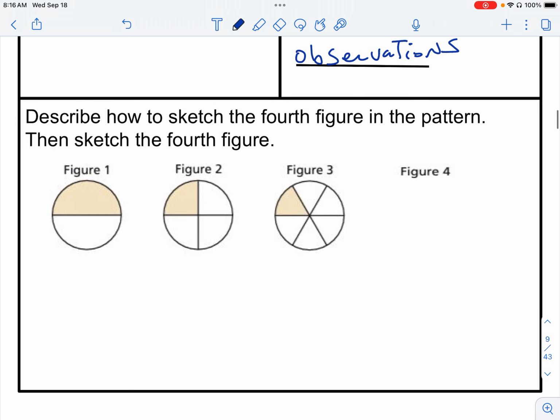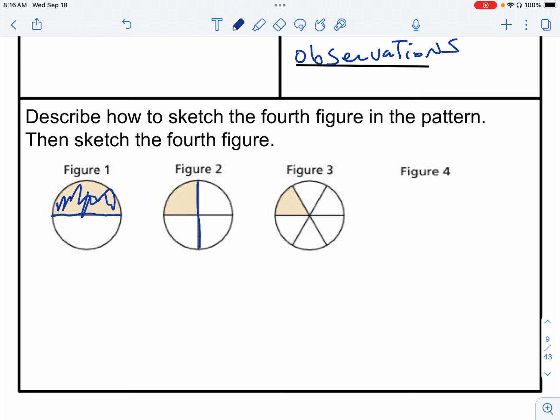All right, so let's look at our first example. We're going to look at the first three figures and then figure out how we want to sketch the fourth figure so it fits the pattern. So figure 1, we cut it in half and we shade in the top half.